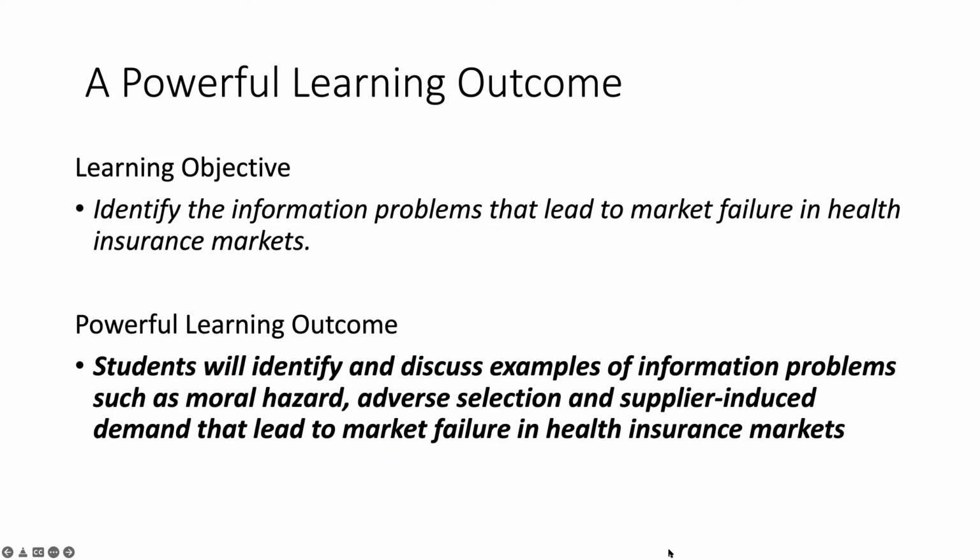I'm sure that this is not perfect, my powerful learning outcome. It probably can still be worked on, but it's a step in the right direction to help the student focus to know exactly one of the outcomes that they need to master or do or know in order to be successful in this chapter talking about the market for health insurance.